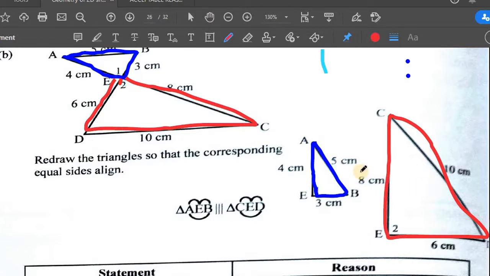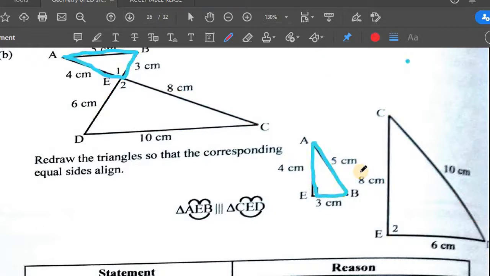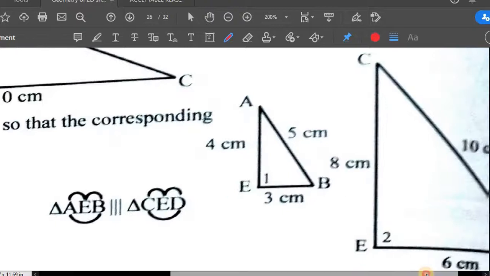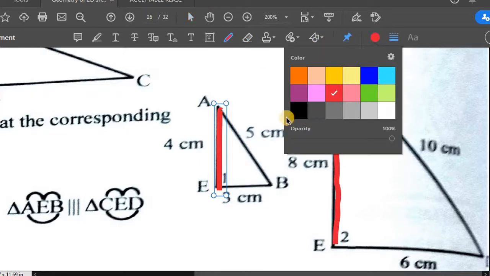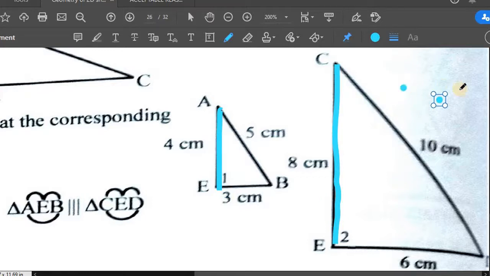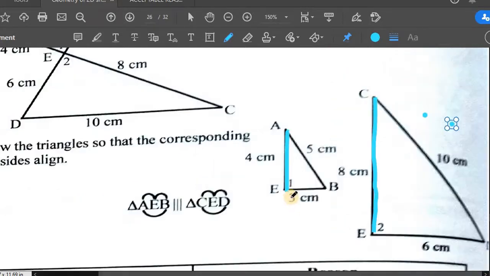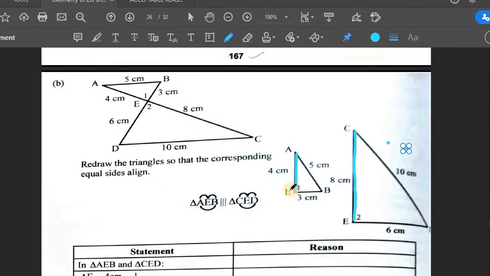We're doing this so we can clearly see that AE corresponds with EC, and AB corresponds with CD. That's what we did that for.